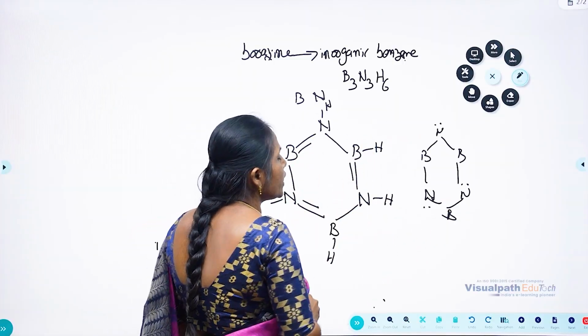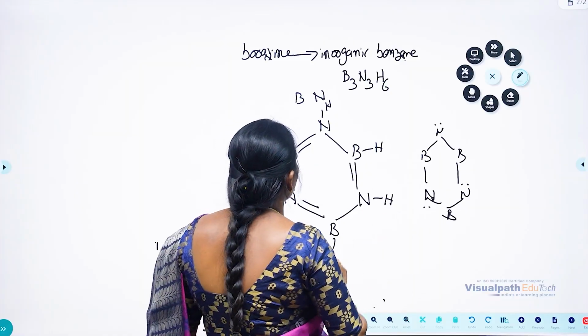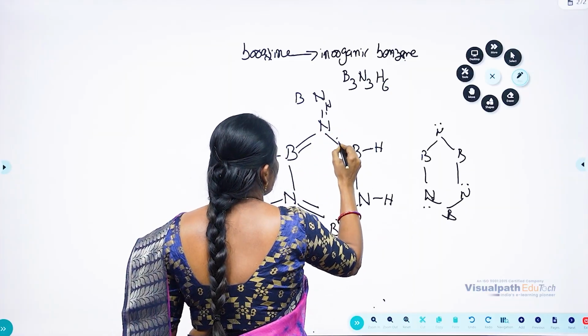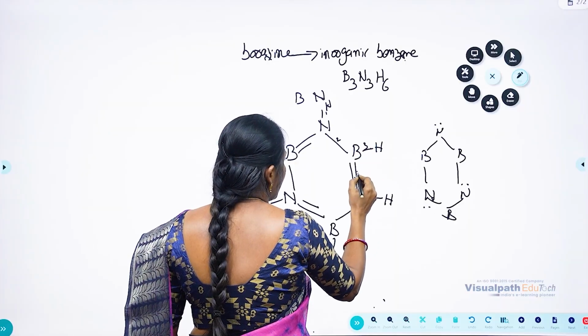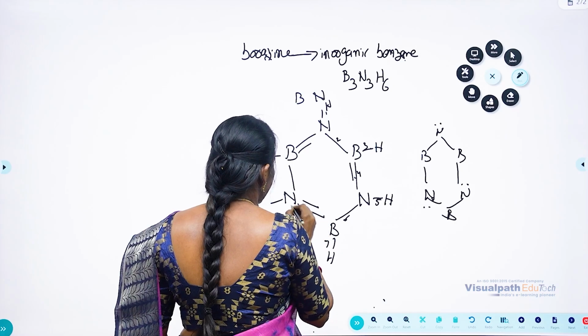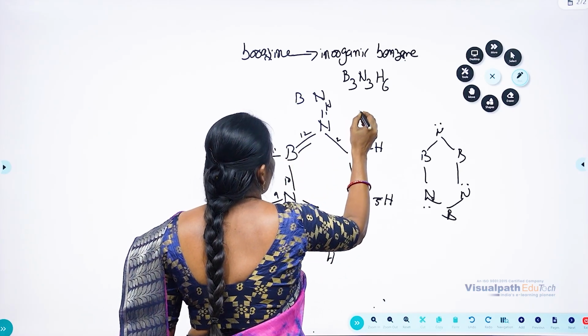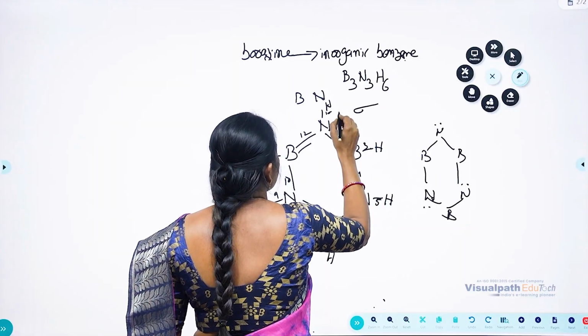And here, in total how many sigma and pi bonds are there? Total 12 sigma bonds are there. See here: 1, 2, 3, 4, 5, 6, 7, 8, 9, 10, 11, 12. All these are sigma bonds.